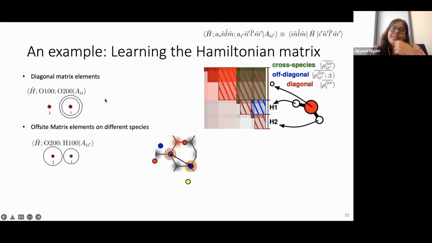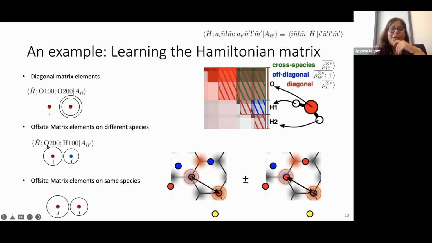Then you can have offsite matrix elements from different species. Here, for example, I'm able to tell you that one orbital is centered on oxygen and one orbital is centered on hydrogen. Going back to our analogy of Bob and Sally, we are able to distinguish which one is Bob and which one is Sally, and which one I chose to describe the environment.